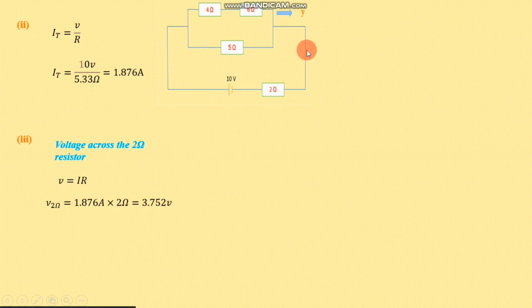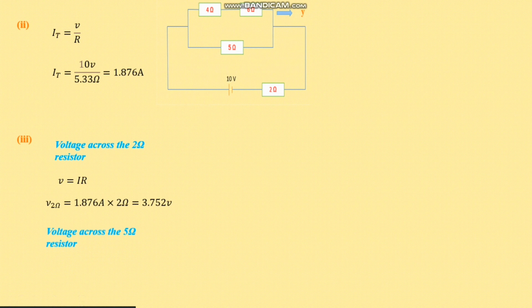The remaining is the voltage that passes across all of this one. And also remember, when the circuit is in parallel, the voltage passing through the upper one and the voltage passing through the lower one is the same, meaning the remaining potential difference is the same here and is the same at the upper part.